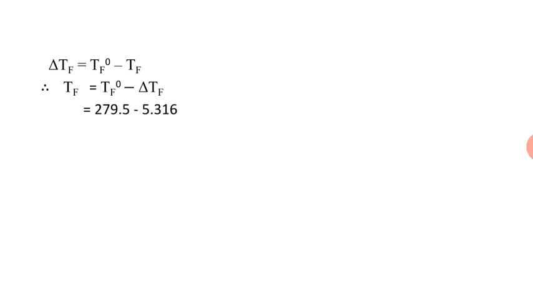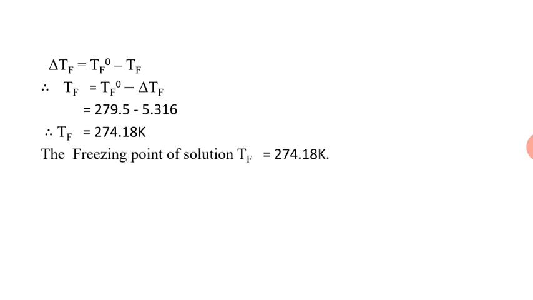We have the value of T0F, that is 279.5 minus 5.316. The subtraction gives the answer 274.18 Kelvin. Thus, the freezing point of the solution TF is equal to 274.18 Kelvin.